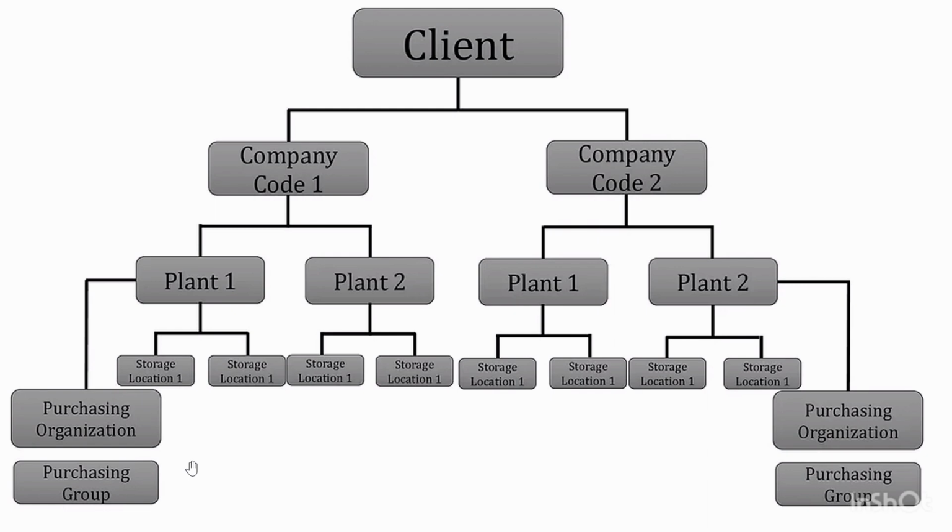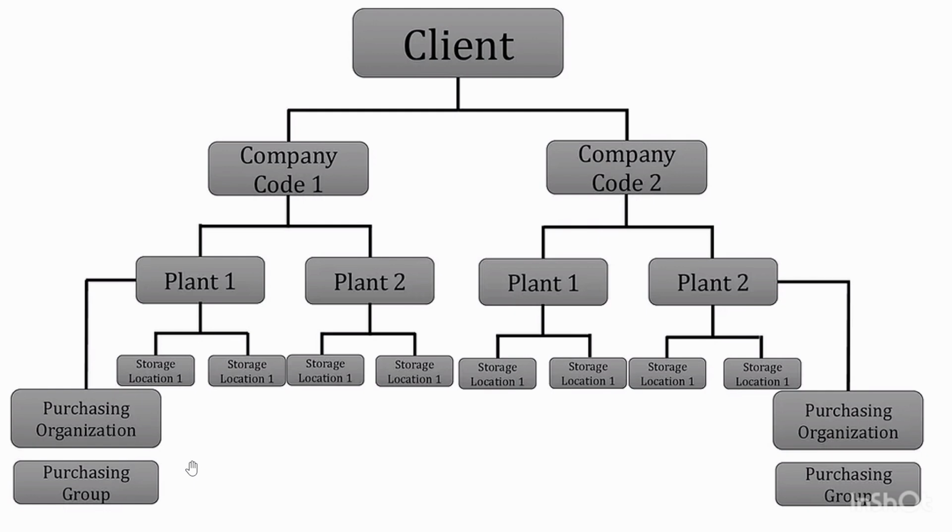Tomorrow if any wrong purchase order has gone, the auditor or the person going through the purchase order will check the purchasing group, check the details like the phone number and mail ID, and will contact you to understand why this purchase order was raised.